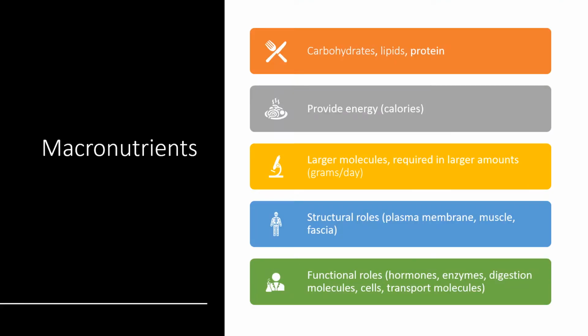One further classification we'll do before we get into each of the different categories. We can classify these nutrients as macronutrients and as micronutrients. So macronutrients include the carbohydrates, the proteins, and the lipids. All three of these can be a source of energy to the human body, and the unit of energy that we talk about when we talk about energy in our food or energy that the body uses or produces is a calorie.